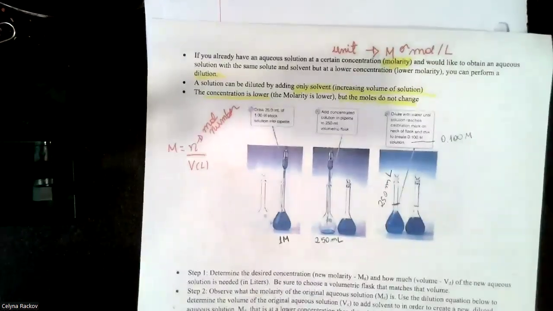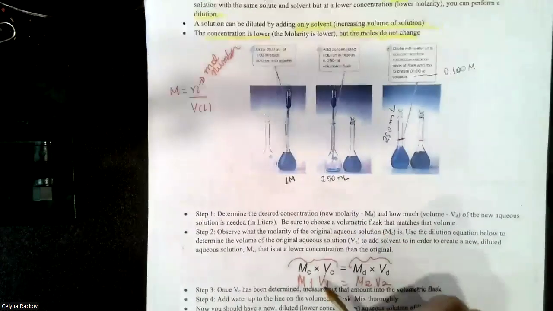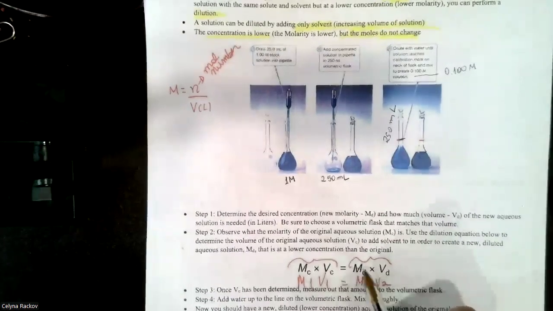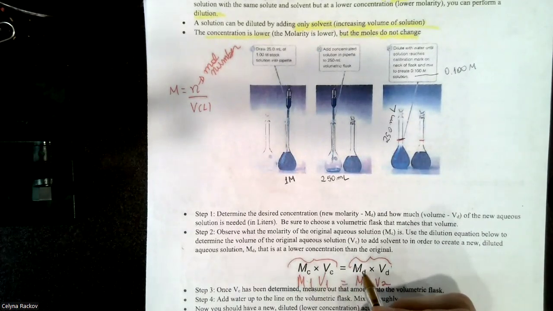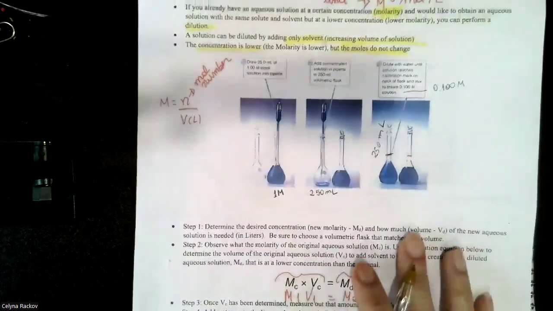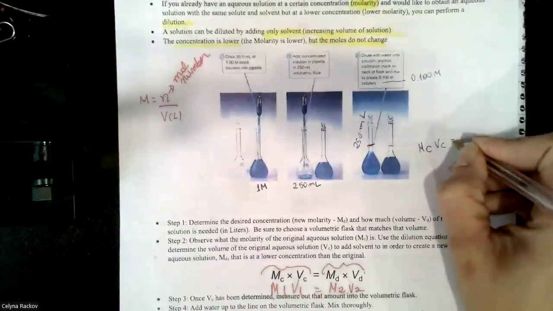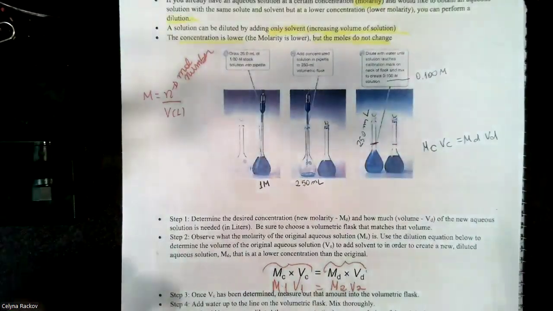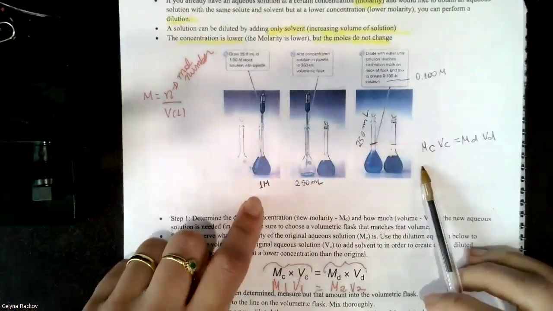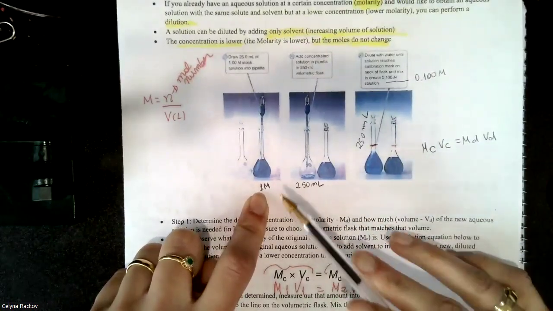So the formula to calculate dilution is MCVC equal MDVD. C for concentrated, D for diluted. For the example here: what was the molarity of the stock solution, the initial solution?